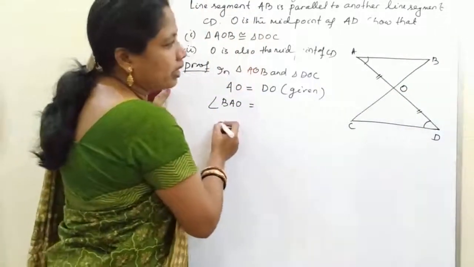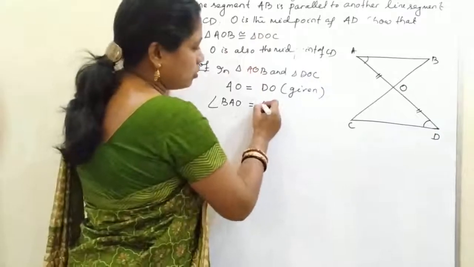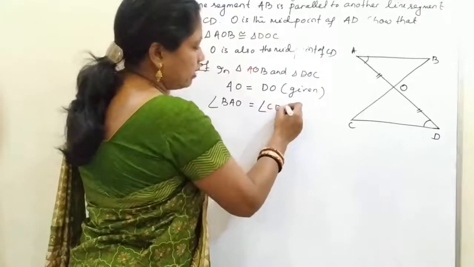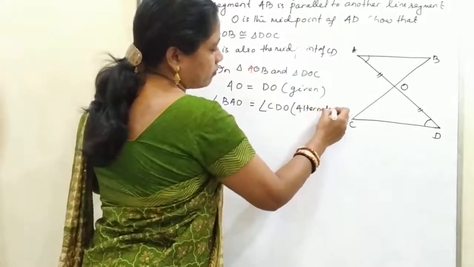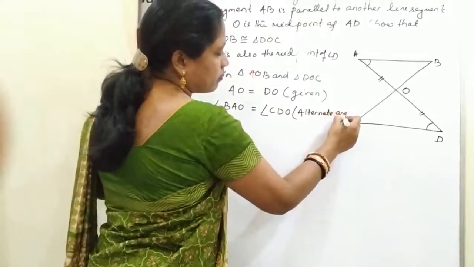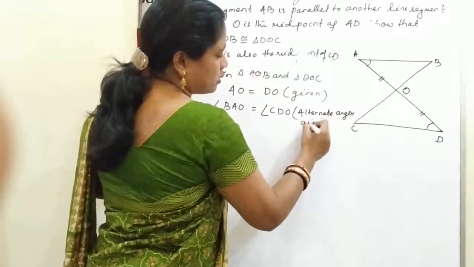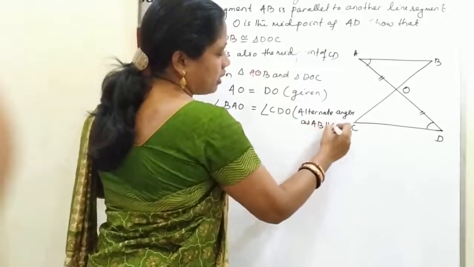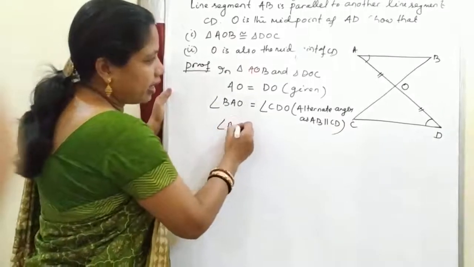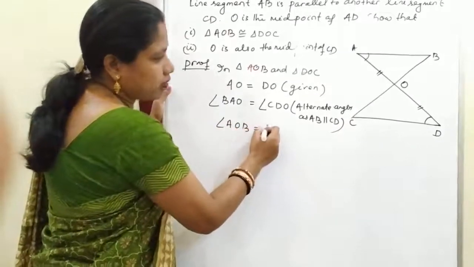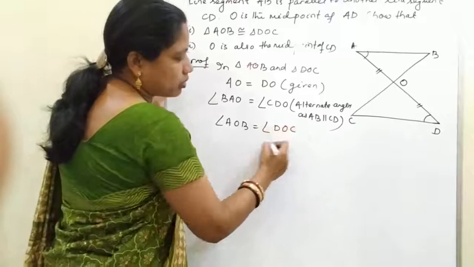So angle BAO is equal to angle CDO, alternate angles, as AB is parallel to CD. And angle AOB is equal to angle DOC.